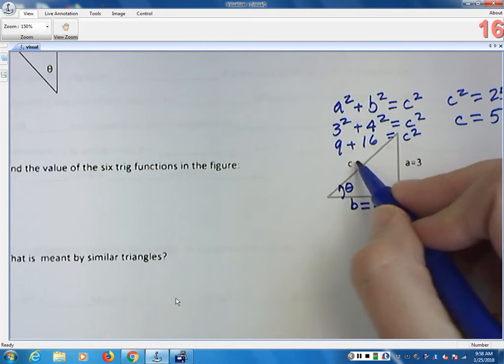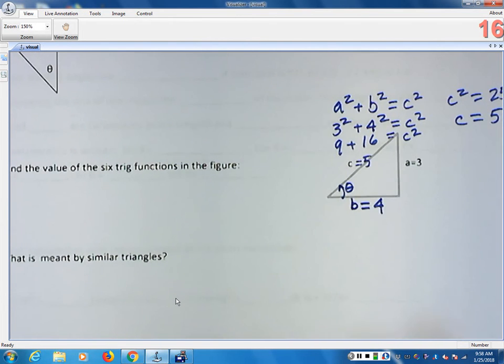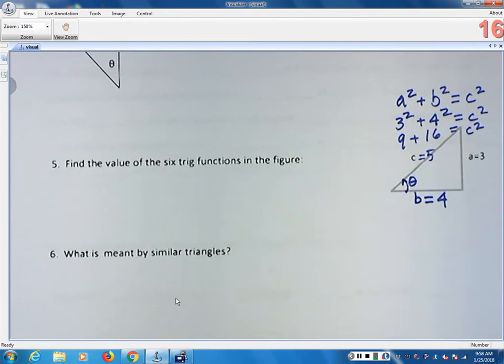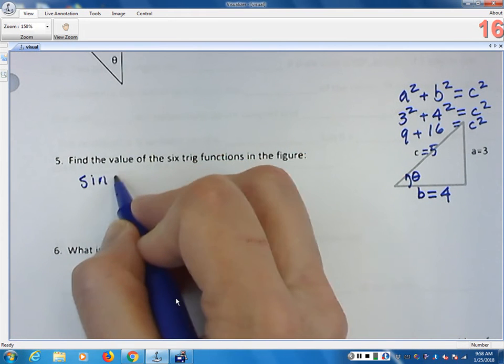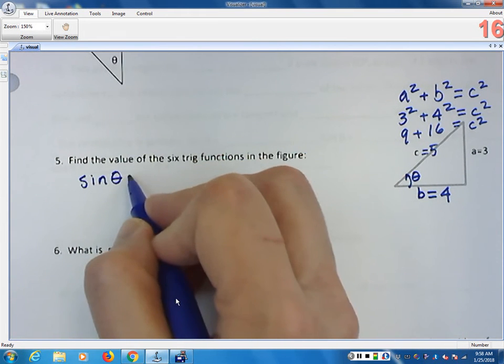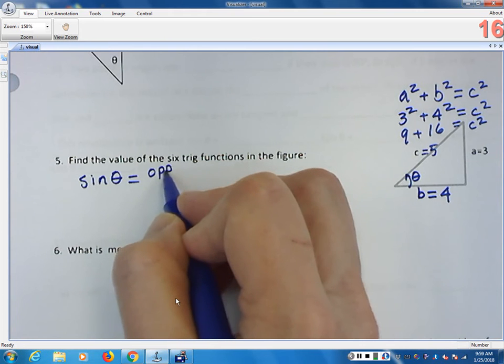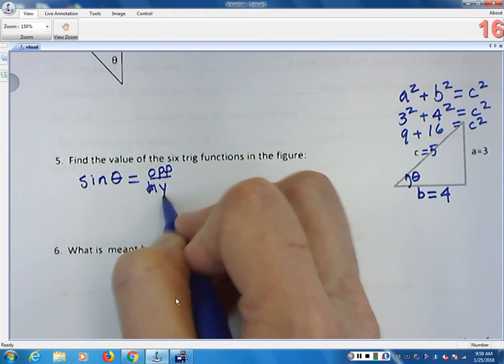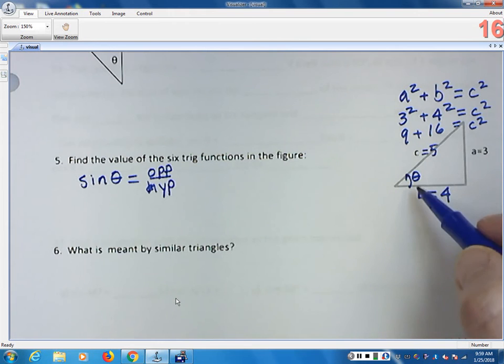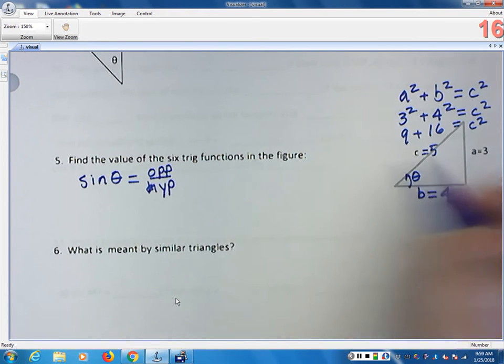Now we can do these. Sine of theta is opposite over hypotenuse. So sine is 3/5.